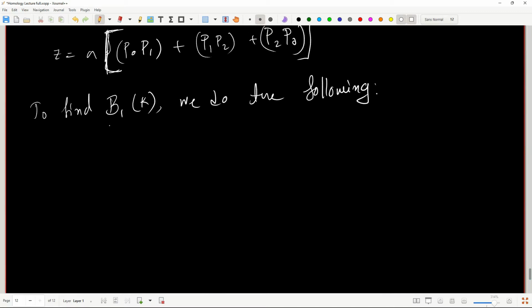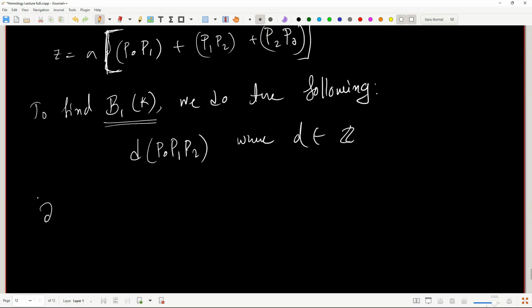Now, to find b1 of K, we need to have any element that is a 2 simplex, and any 2 simplex can be written, let's say, as d times p0 p1 p2, where d belongs to Z, right? So we want to find elements of b1.